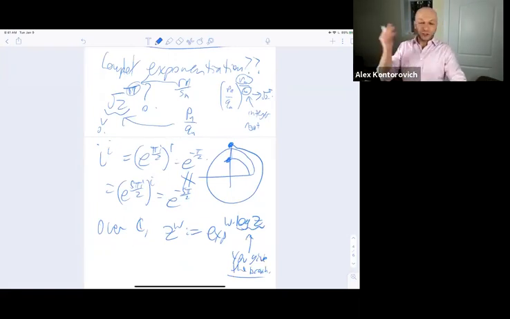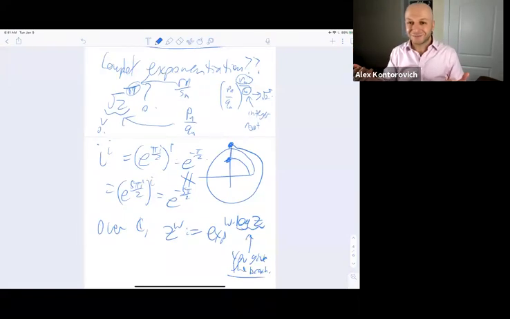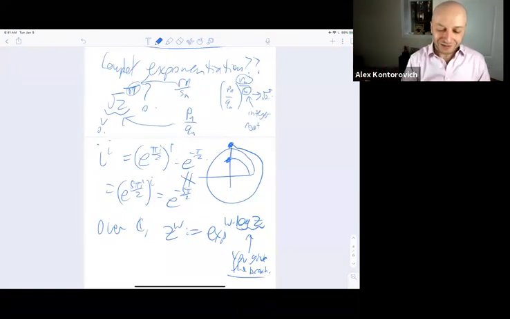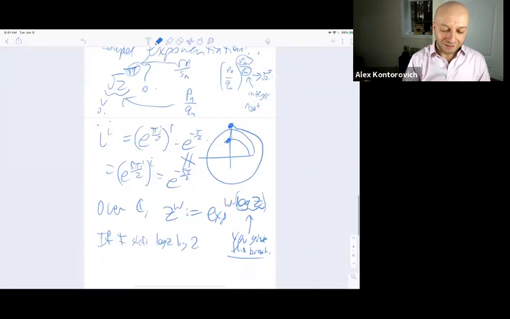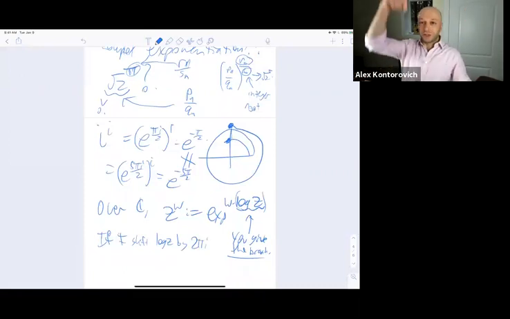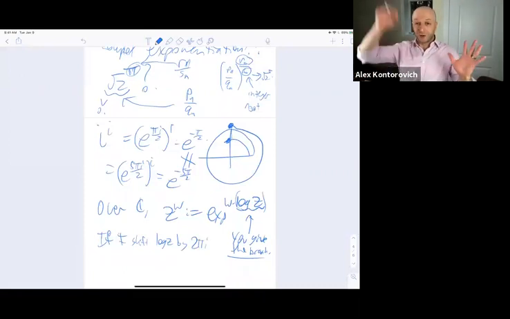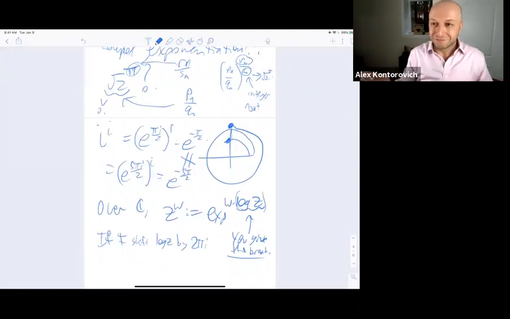And I don't just mean it has a meaning up to 2 pi. If I change this to a different branch, if I shift log z by 2 pi i, in other words, I just choose a different point on the branch, that's really the only ambiguity, right?